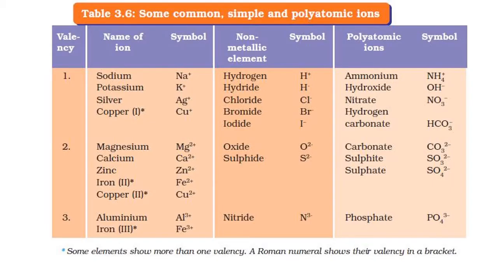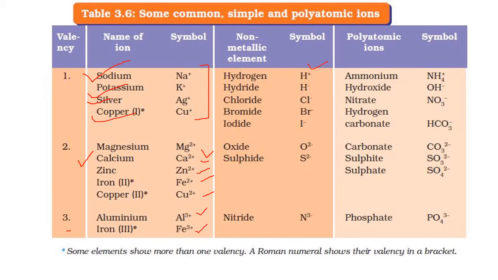Here in your NCERT book it is also given that sodium has the ability to give one electron, potassium also, silver also. These are the ions with valency one. And these are the ones with valency two: Mg2+, Ca2+, Zn2+, Fe2+, Cu2+. In the same way, aluminium and iron are 3+.